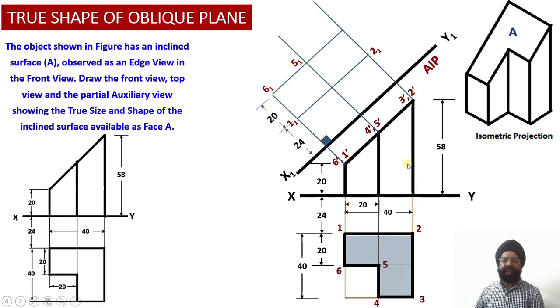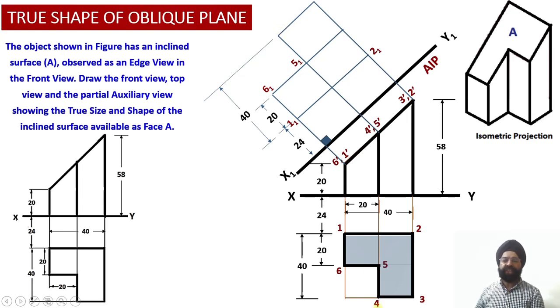And finally, we know that the distances of the points 3 and 4 from the vertical plane happen to be 64 millimeter. So we are going to mark this distance of 64 millimeter from the auxiliary inclined plane. So this distance we have marked over here, and once we mark this distance, another projection line we are going to get onto the auxiliary plan view.